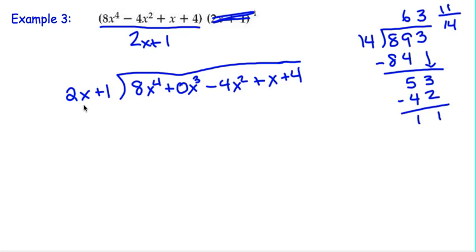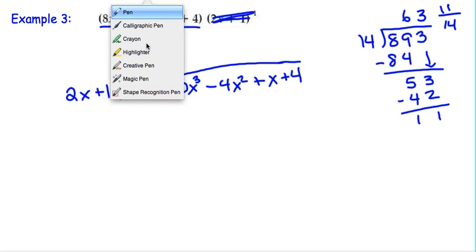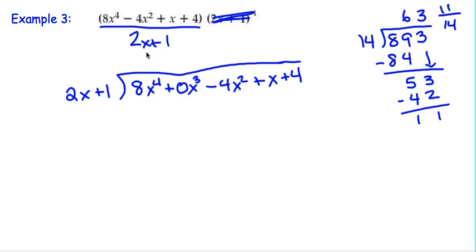So just as before, we are going to look at the 2x to see what we need to multiply 2x by to make it each of these other parts.